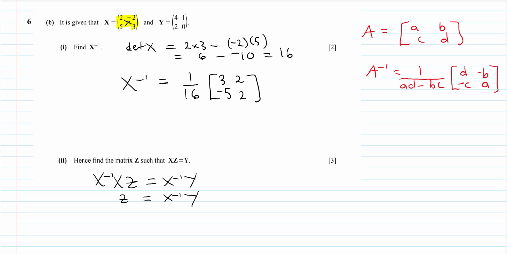So that's going to be equal to, well, we just found X inverse. That's 1 over 16, and then we've got 3, 2, minus 5, 2. And then Y is 4, 1, 2, 0. And that's going to be equal to 1 over 16.